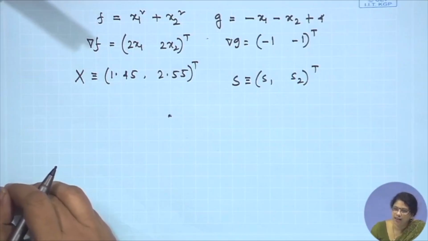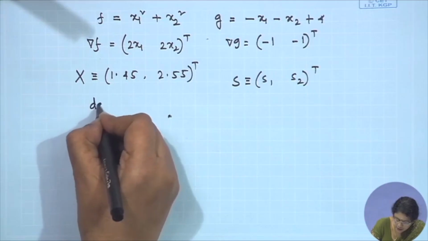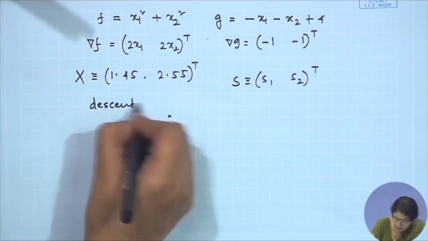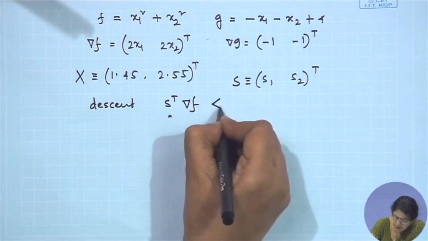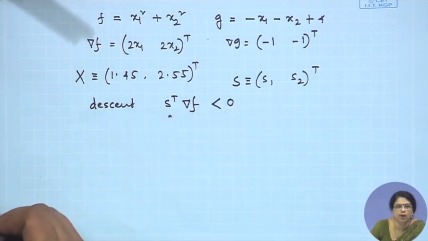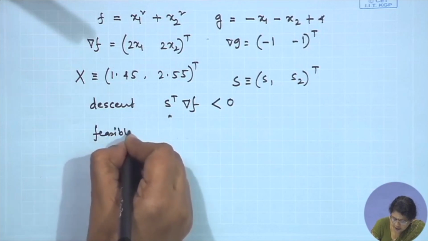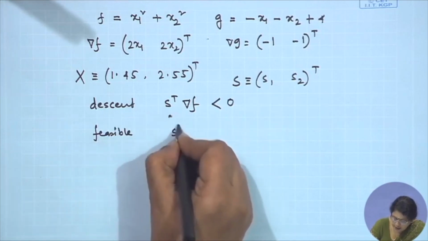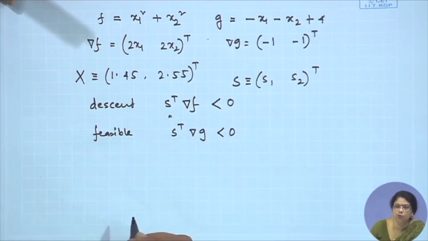All right. Then what is the descent direction? Descent direction would be S transpose grad f must be less than 0. And what is the feasible direction? I showed you with the geometry. S transpose grad g must be less than 0.